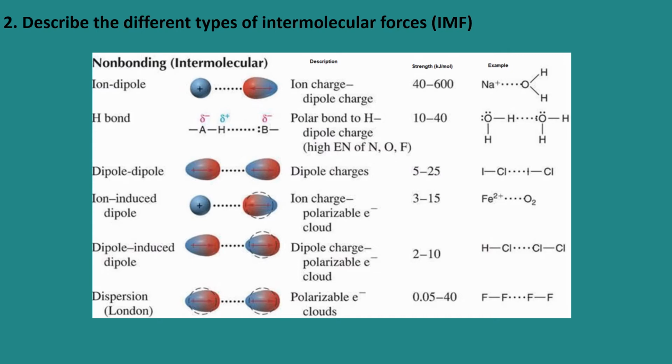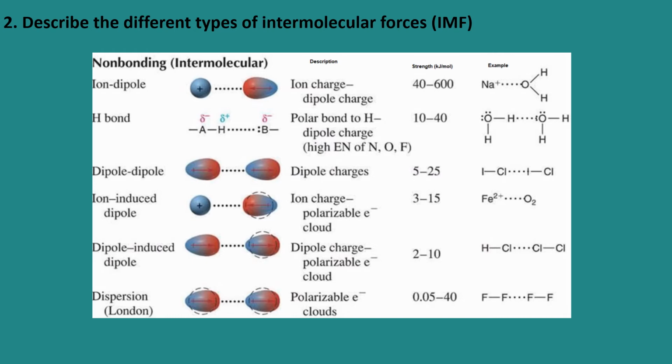We should all remember, just like in magnets, like charges repel while unlike charges attract. That's why chlorine, being highly negative, is attracted to the dipole of iodine, which is in the temporary positive state. That's why they form dipole-dipole forces or intermolecular force. It takes about 5 to 25 kilojoules per mole to separate molecules with dipole-dipole forces.